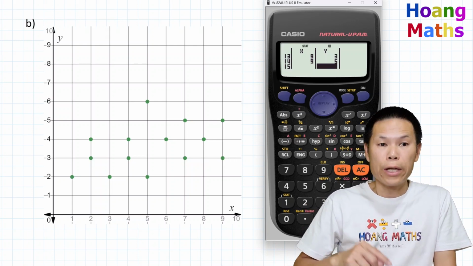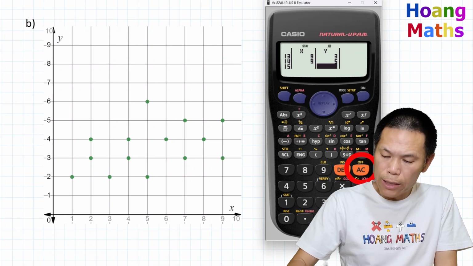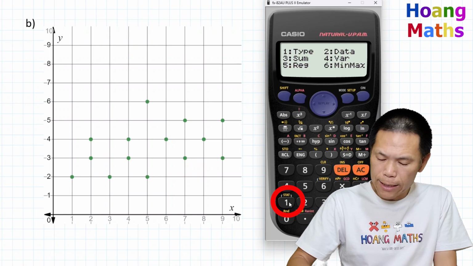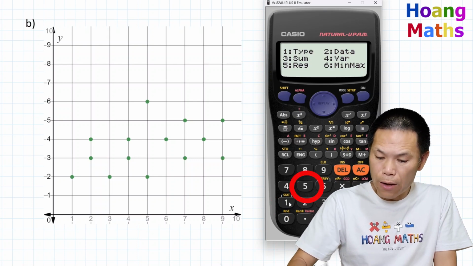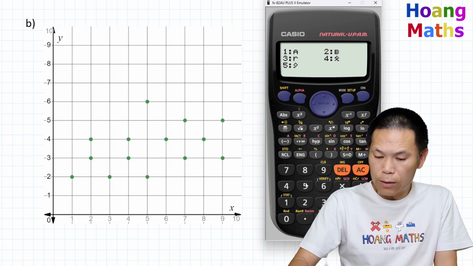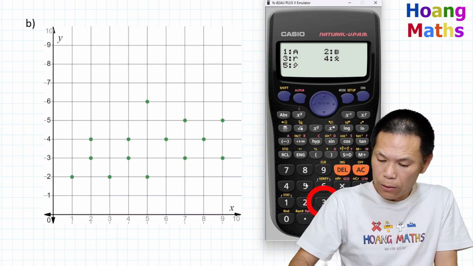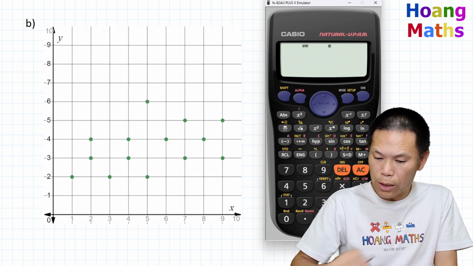So there you go. Now we press the AC button to clear the screen. Then we go Shift, Stat, and then go to option 5, and then option 3 for the R value. So option 3, press equal.